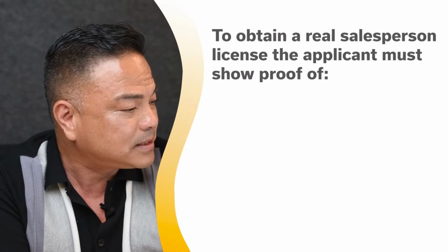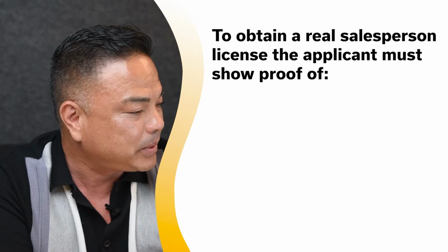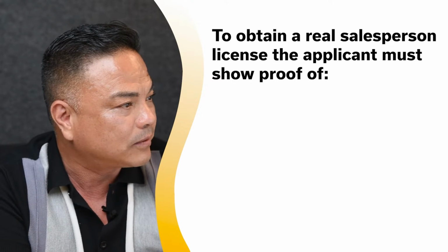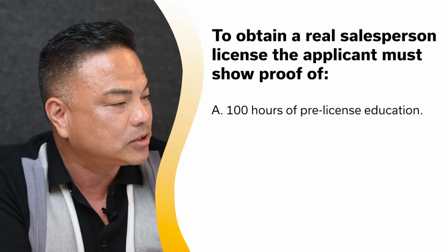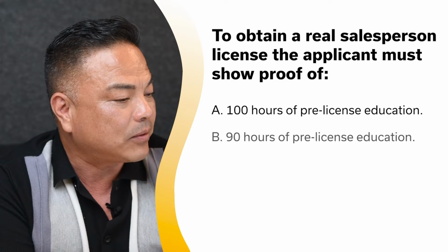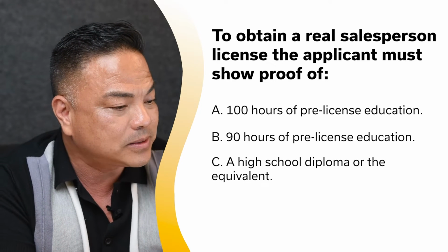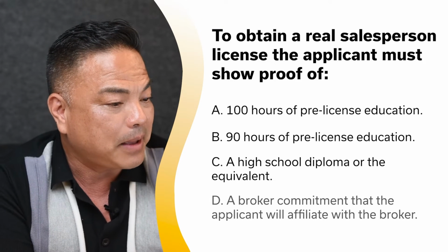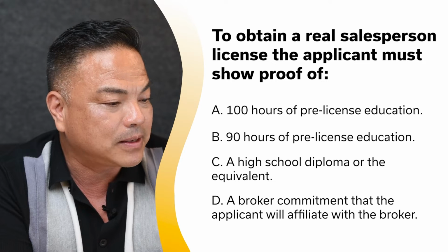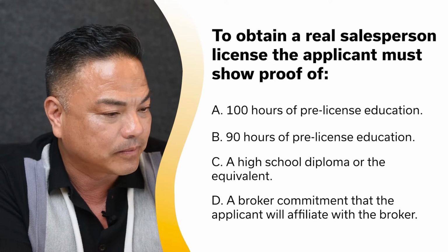To obtain a real estate salesperson license, the applicant must show proof of A, 100 hours of pre-license education, B, 90 hours of pre-license education, C, a high school diploma or equivalent, or D, a broker commitment that the applicant will affiliate with the broker.